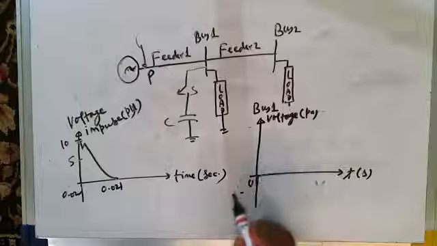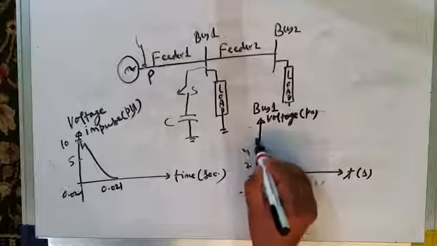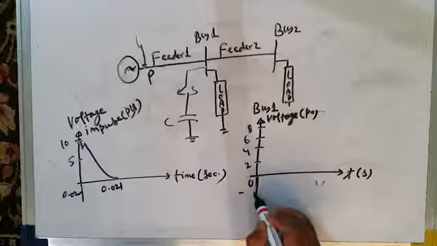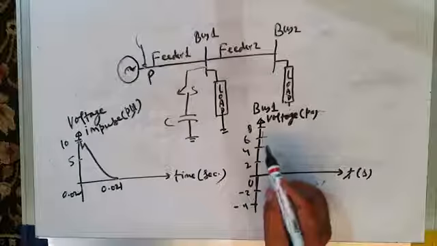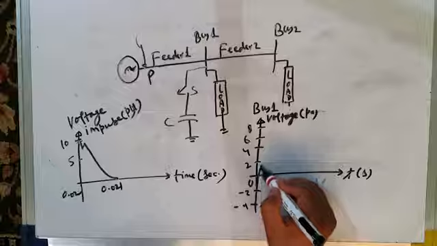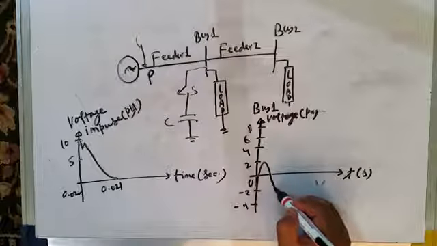Now, let us suppose this is 2, 4, 6, 8, similarly -2, -4, and so on. Let us suppose the normal value of bus 1 voltage is 2 per unit.